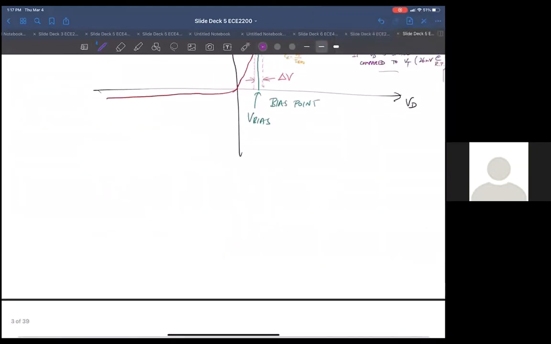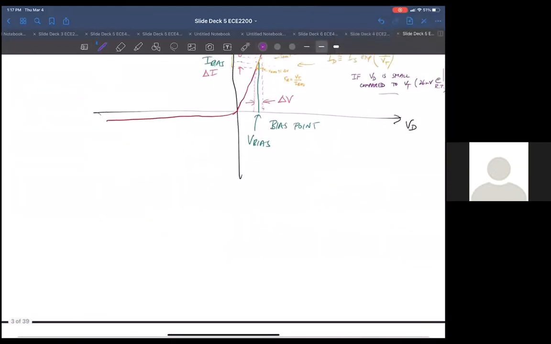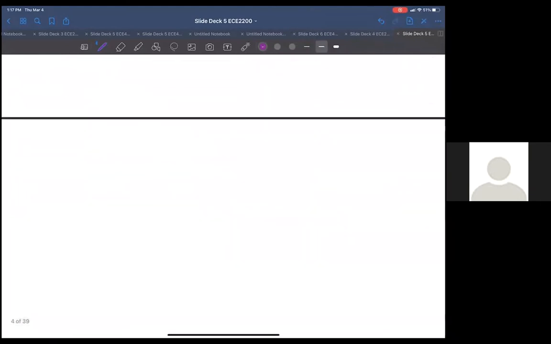Okay, so let's do this example. It's example 3.18 in the book. I'm just going to do the first half of it, but I'm going to do it in 2 flavors.